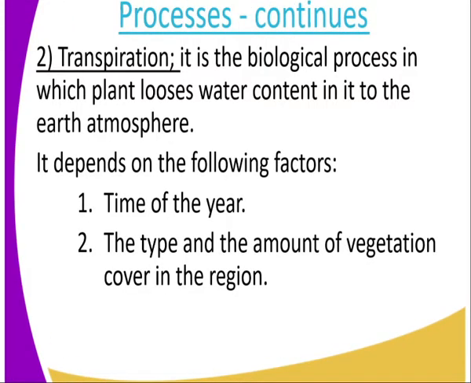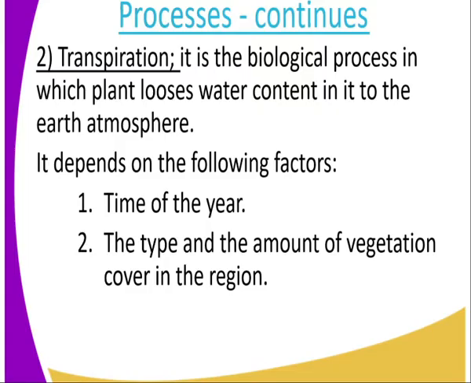The second process is transpiration. It is the biological process in which a plant loses water content to the earth's atmosphere. It depends on the following factors. 1, the time of the year, and the type and amount of vegetation cover in the region.